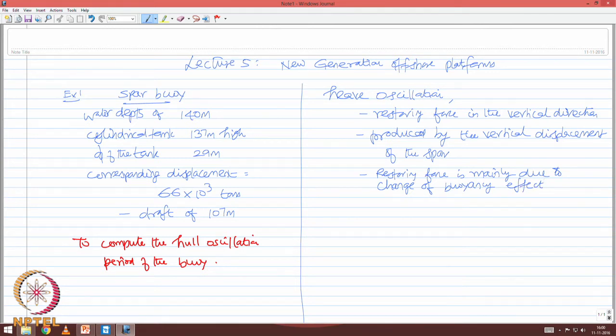One may ask me a question, what would be the contribution from the mooring lines? So, mooring lines do not contribute to the restoring force, even if they are very marginal.